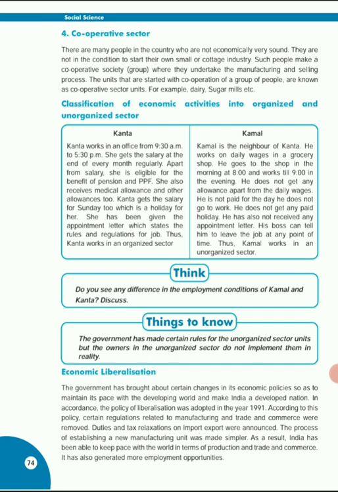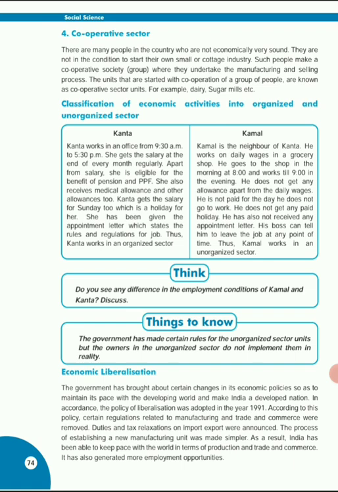Apart from salary, she is eligible for the benefit of pension and PPF, meaning provident fund. She also receives medical allowance and other allowances too. Kanta gets the salary for Sunday too, which is a holiday for her. She has been given the appointment letter which states the rules and regulations for the job.